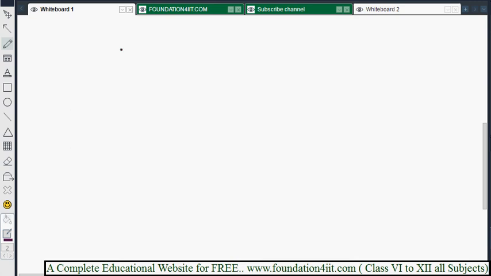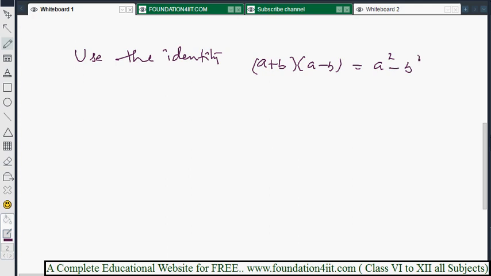For example, use the identity. Listen to this also now. Which identity? That is (a + b) into (a − b) is equal to a² − b². Using the same identity only, just to evaluate or solve.